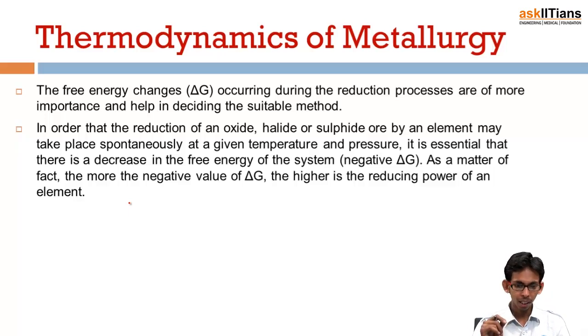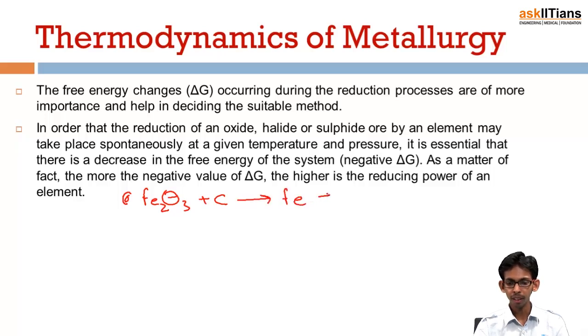So in order that the reduction of an oxide, halide or sulfide ore by an element may take place at a given temperature and pressure, there must be a decrease in Gibbs free energy of the system. That means for that reaction delta G must be negative. Let's say I have Fe2O3 and I am reacting it with carbon to get Fe plus CO2, a rough equation.